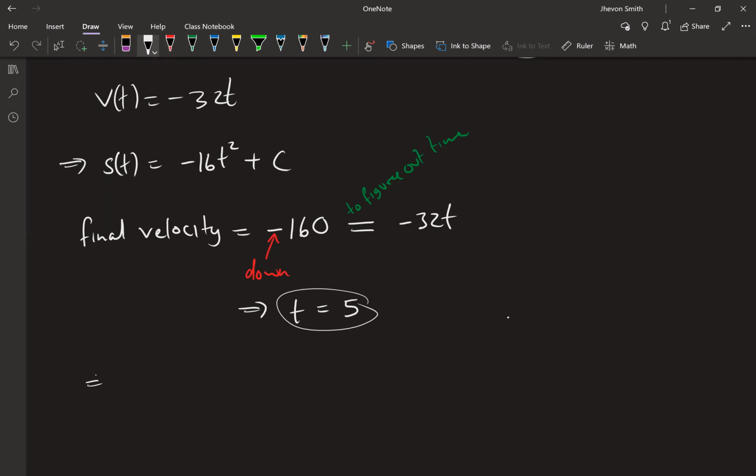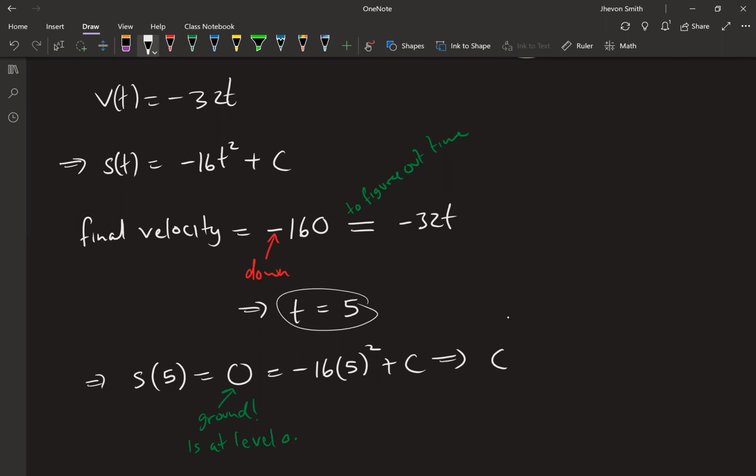Which means I know that s, if I plug in 5 into s, would be 0 because I know I hit the ground. Right? Ground is at level 0. And so now that would be minus 16 times 5 squared plus c.